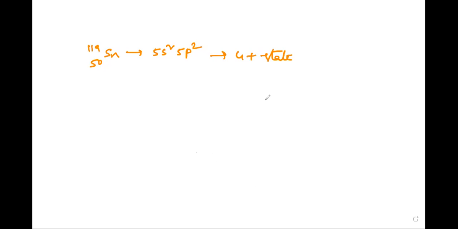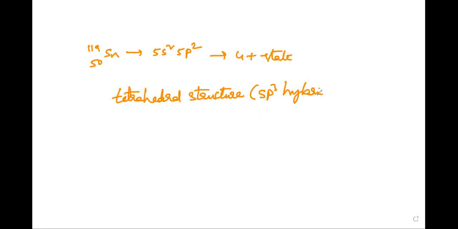In the case of the 4 covalent state, the compound obtained has a tetrahedral structure, that means sp3 hybridization, so there is only one s electron.